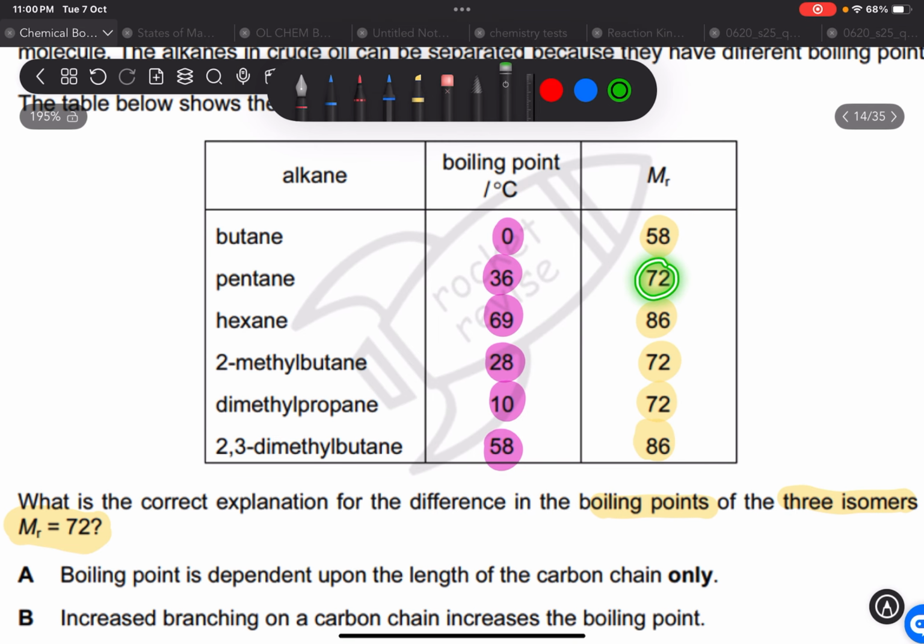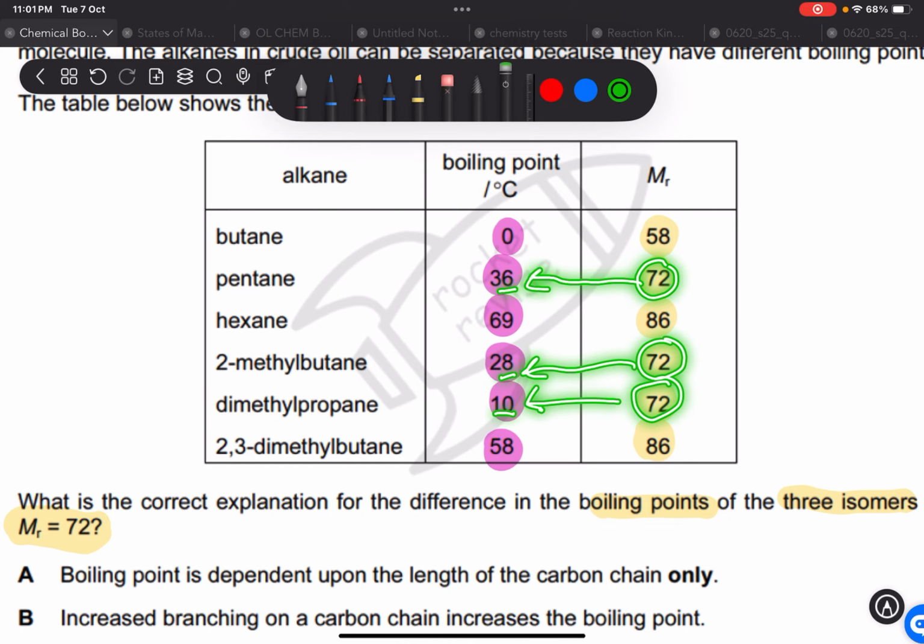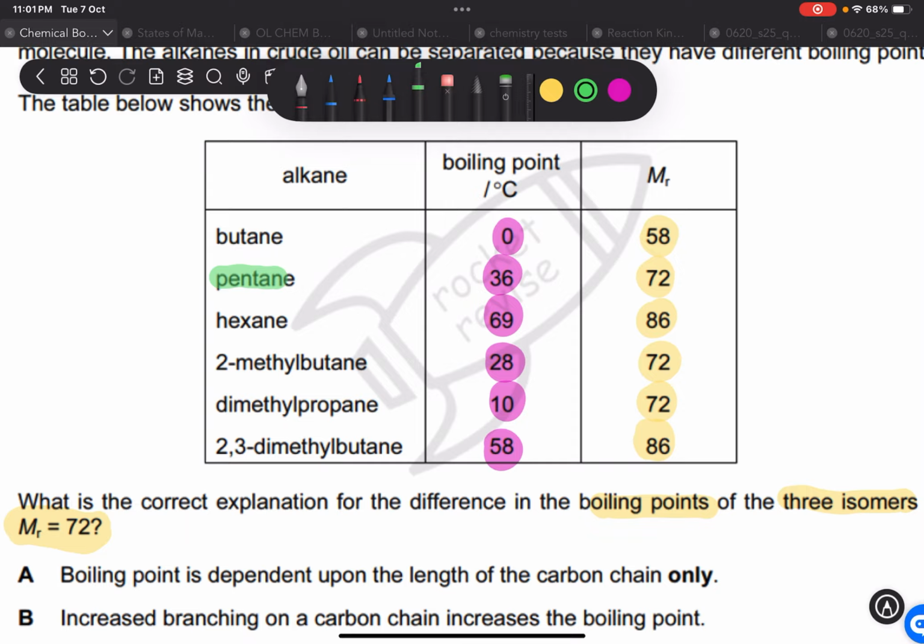This is the first isomer, this one is the second isomer, and this one is the third isomer. So we see a variety of boiling points: 36, 28, and 10. Now let's figure out why they're different. We have pentane, then 2-methyl butane, and then dimethyl propane.